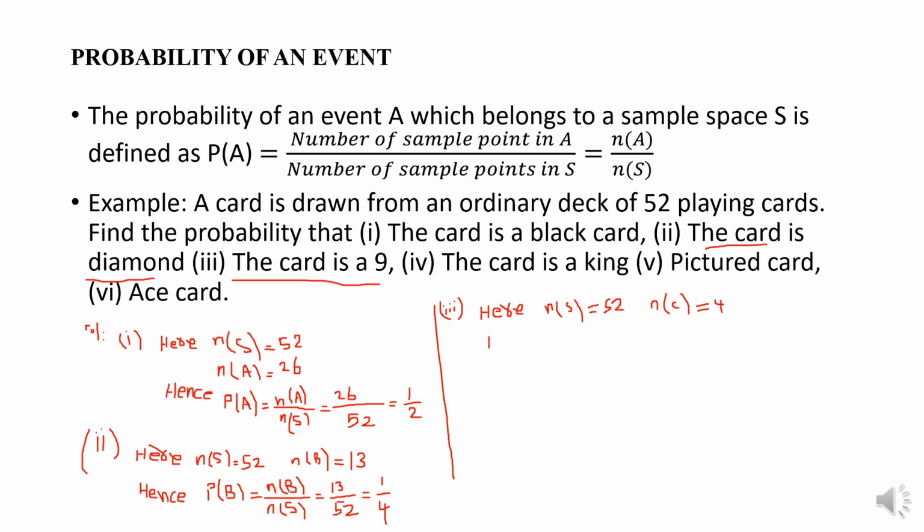Hence the probability P of C, the probability of the C card, is the number of C cards divided by the number of S cards.